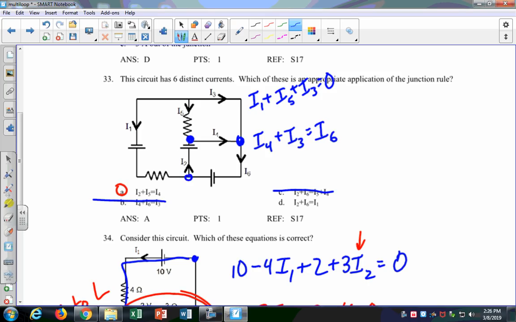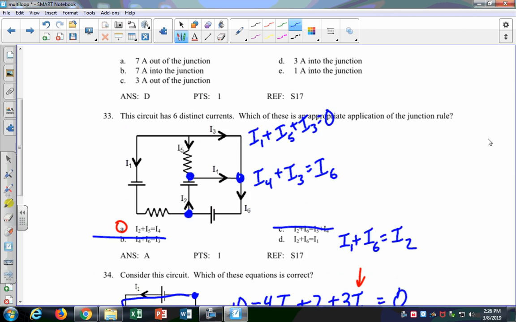That would be right here. I1 and I6 are coming in, and that's equal to the outgoing current, which is I2. I would expect a question, something like that, where you have some wires and you have to figure out what is the outgoing current, or show which of them is a correct representation of the junction rule, just like you have some with the loop rule.